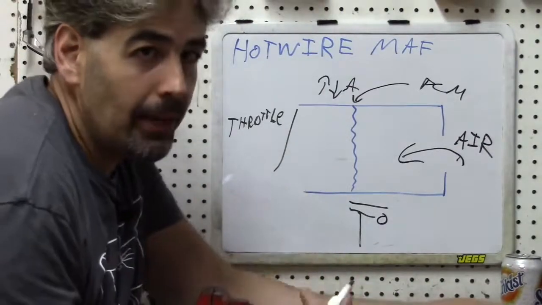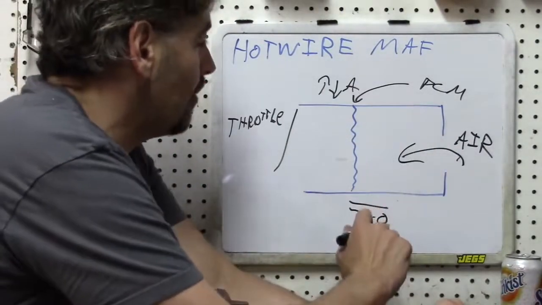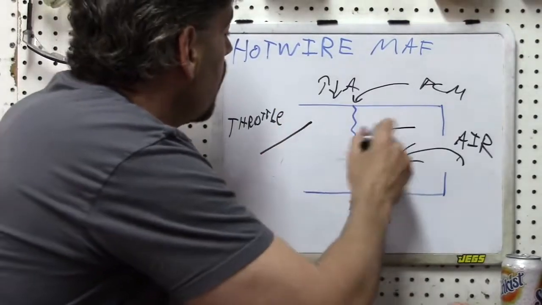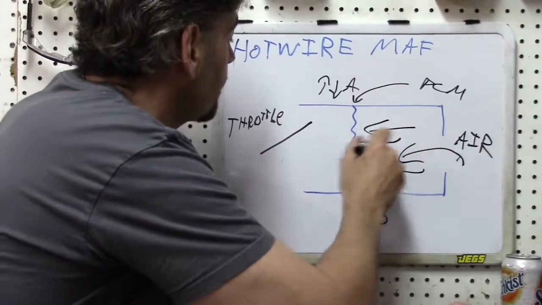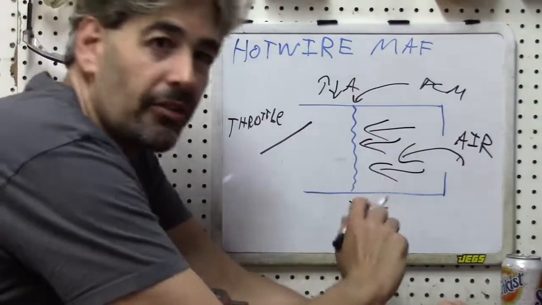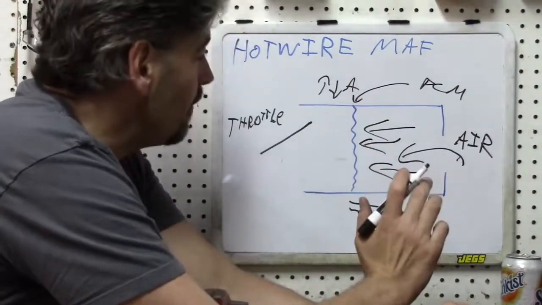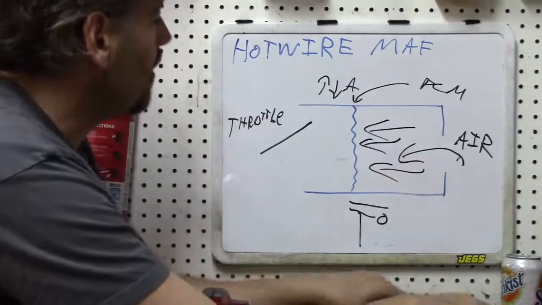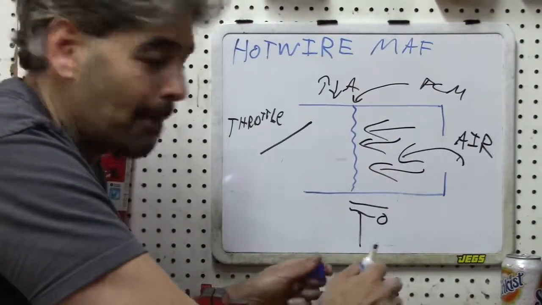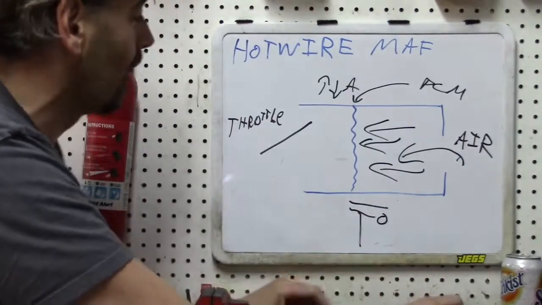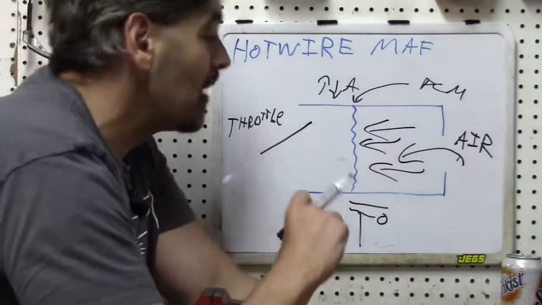Now, it should be pretty obvious by looking at this that if this throttle opens, more air comes in, what do you think is going to happen to the temperature of that wire? If you don't clearly see that the temperature on that wire would drop because you've never had the experience of blowing on something to cool it down in your life, you are on the wrong channel.